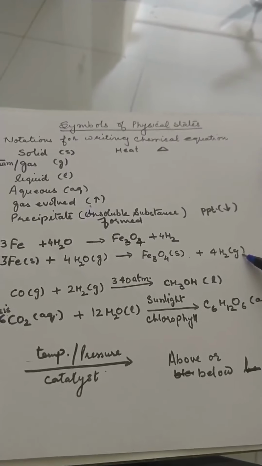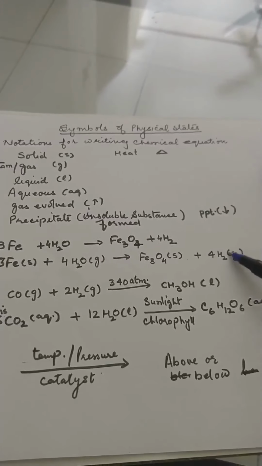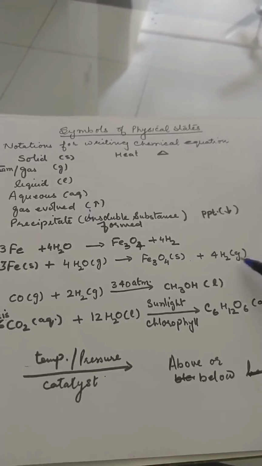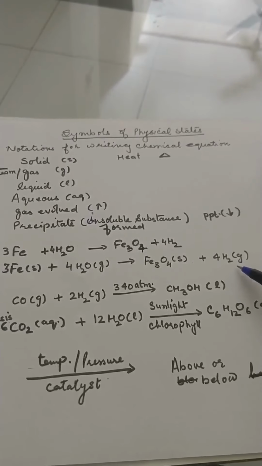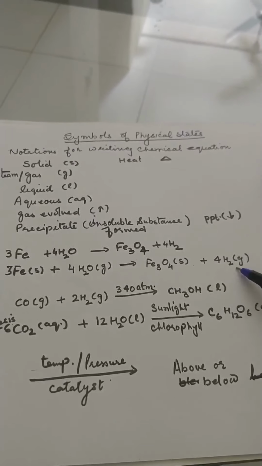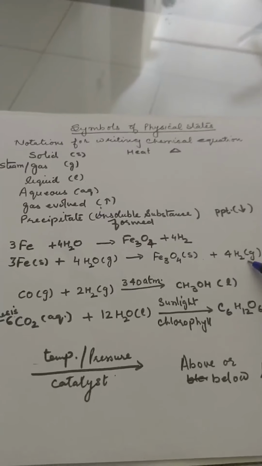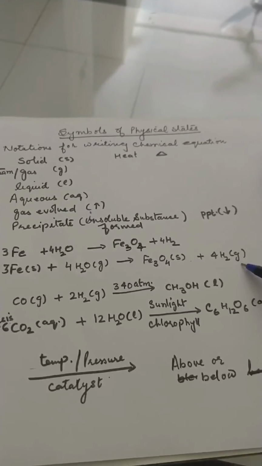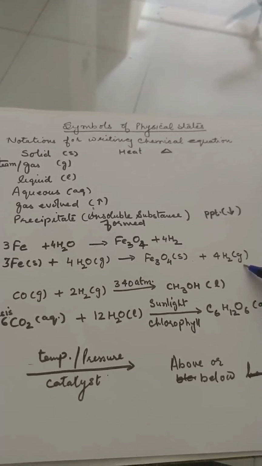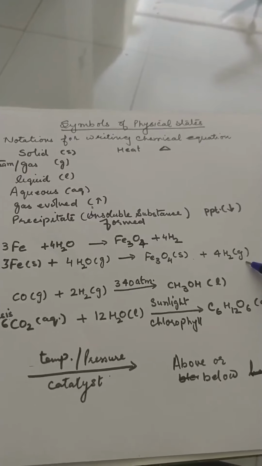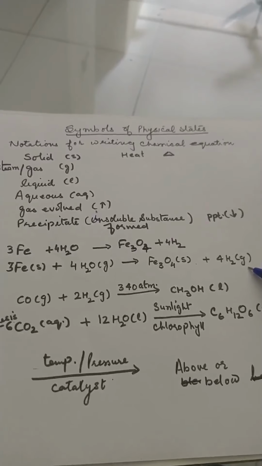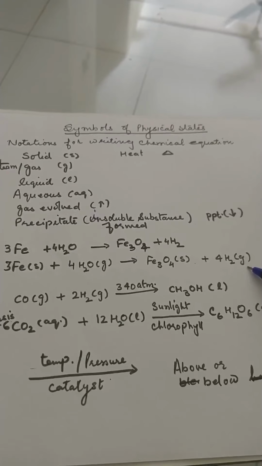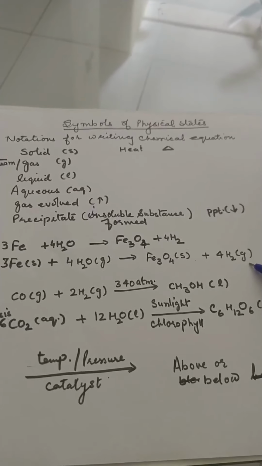Hydrogen evolved is mentioned along with small g to make it concise and understandable that H2 is a gas. So these are physical states of matter that are written along with chemical reactions. Generally, physical states are not included in chemical reactions unless it is necessary to specify them.